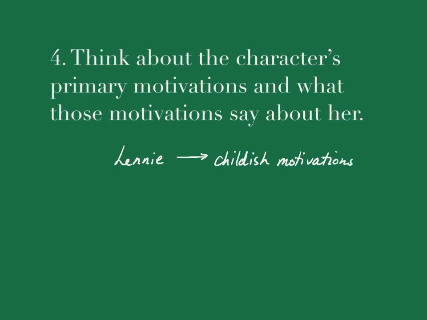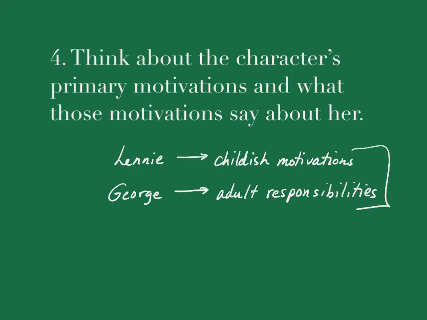George, on the other hand, is different. He has to be concerned about money, shelter, food, all those adult responsibilities. Those motivations are set up in chapter 1, and they continue throughout the book. And one of George's responsibilities is to take care of Lenny. And that's what he does, even at the very end.